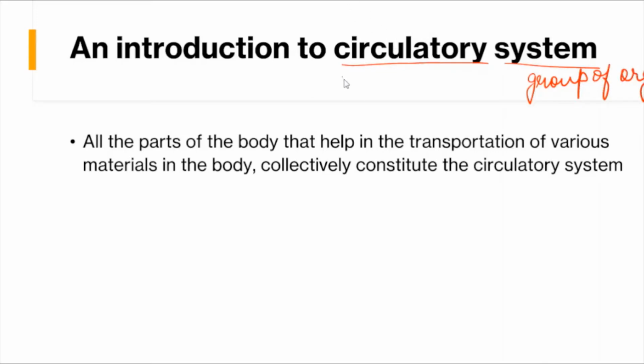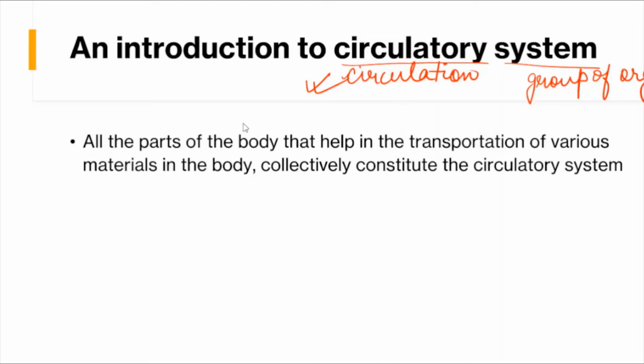It is simply indicating that this system works on the principle of circulation. That means something keeps on circulating throughout the body, and along with that, other substances that need to be transported from one part of the body to another also get circulated. So that is the meaning of circulatory system.